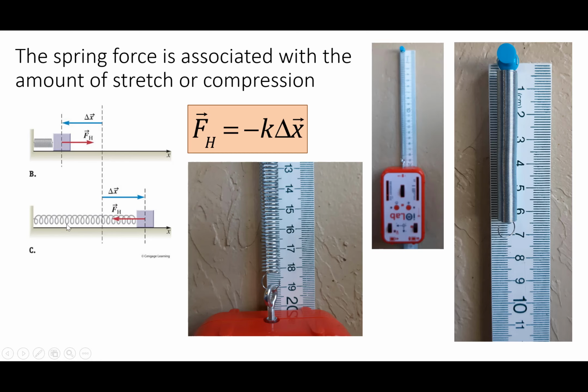Hooke showed us that it's a restoring force, which is why I get a negative here, because I'm restoring it to its original position. I can utilize this with the spring constant k and the change in x, where the change in x is related to the stretch of my spring.